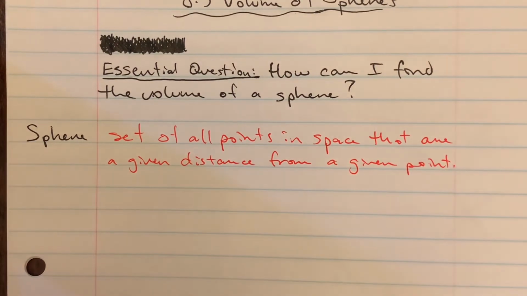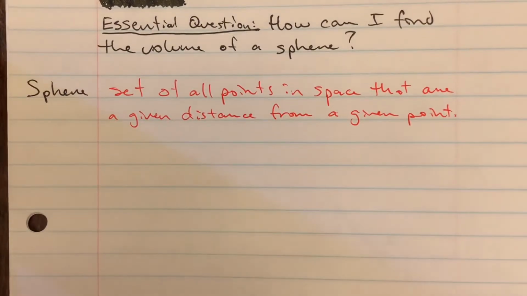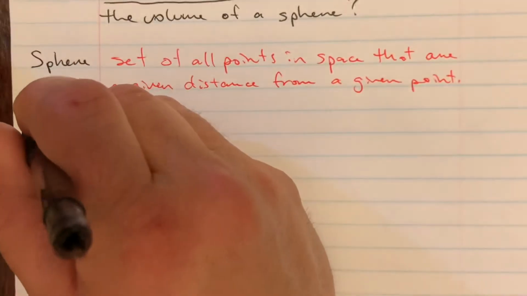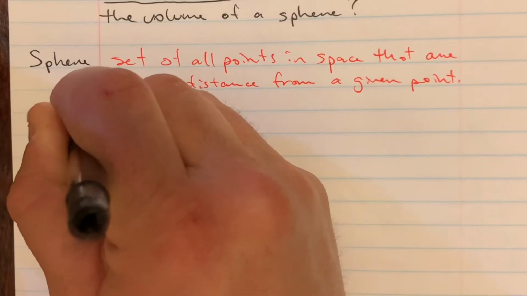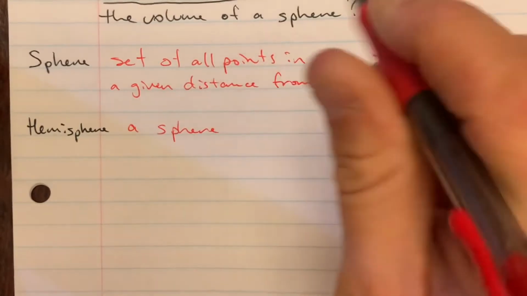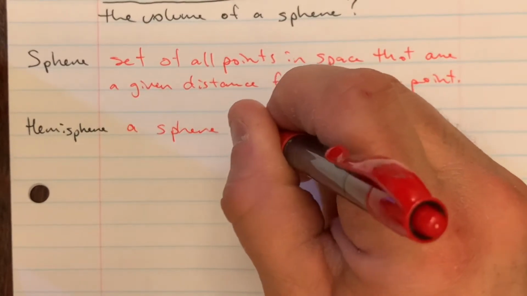I'll show you what that means here in a second. And then we also have a hemisphere. And this is just a sphere cut in half by a circle.